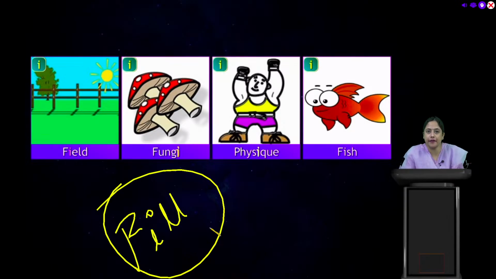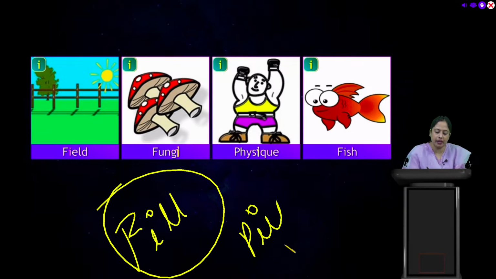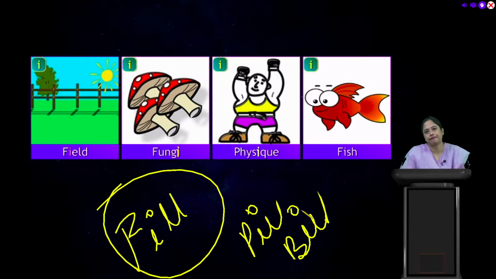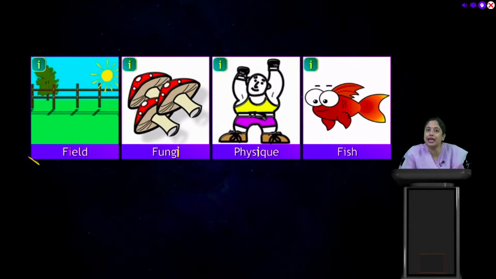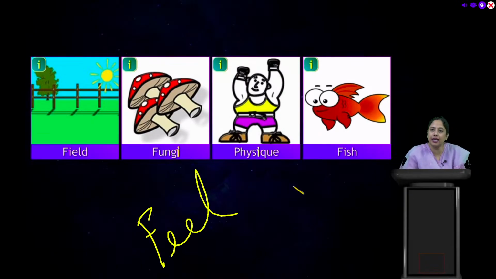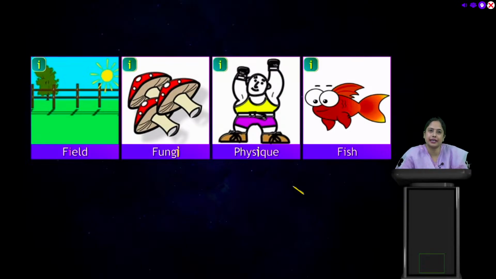It is fill, as in pill, as in bill. Okay, will you remember? But this is a longer I sound, as in field, field, fungi, physique and fish. This is the longer I sound.